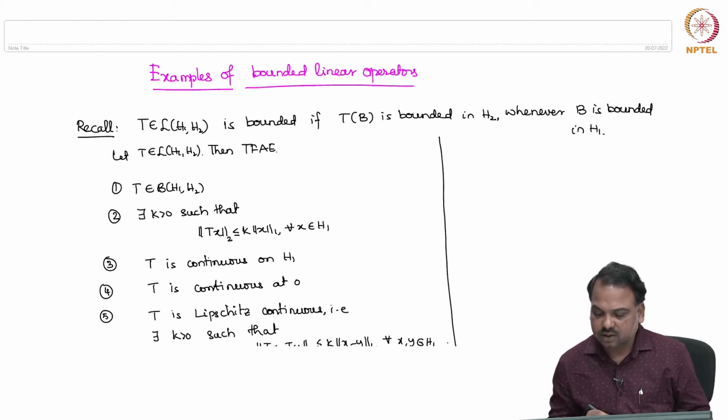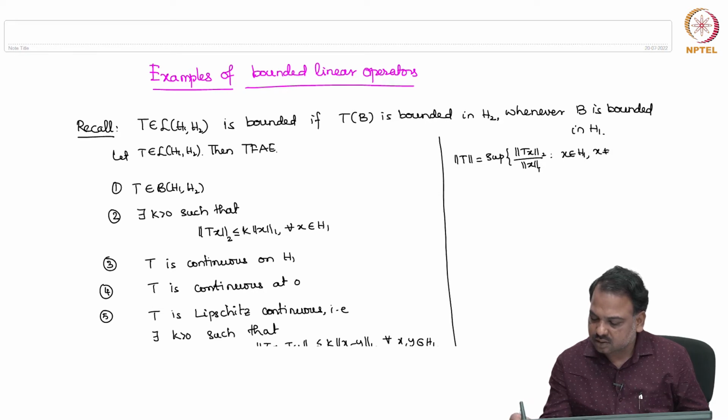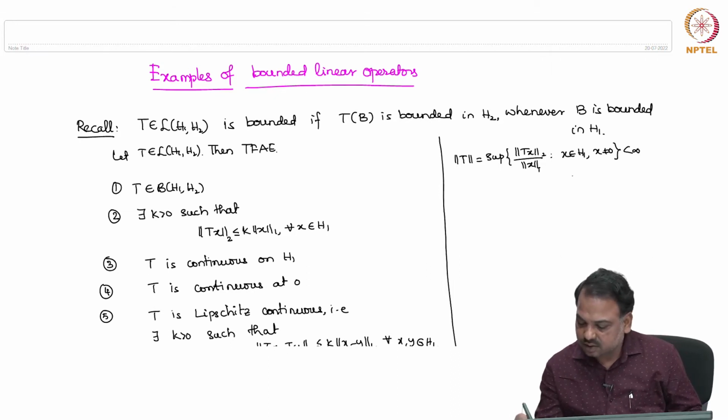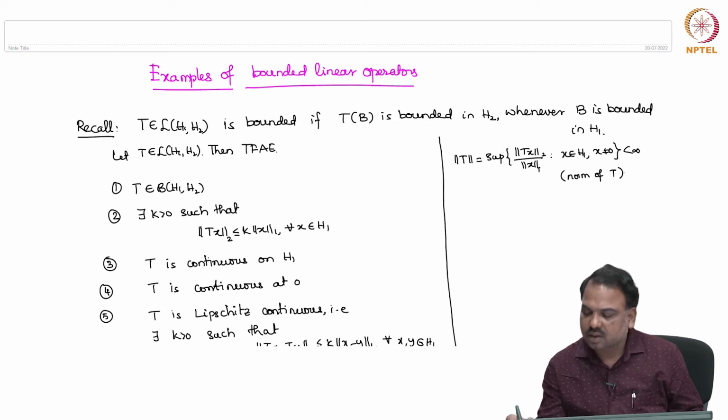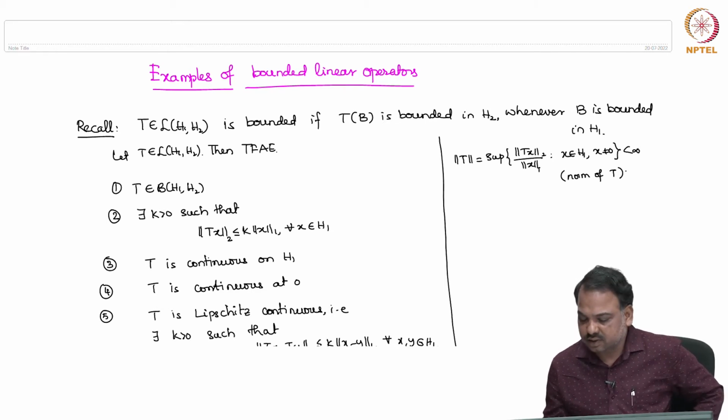And we have seen that when T is bounded, this quantity we defined as the supremum of norm Tx by norm x, where x is in H1, x not equal to 0. This quantity is finite, and we have called this the norm of the operator, or operator norm of T. And we have shown that there are equivalent formulas for the same definition of norm.